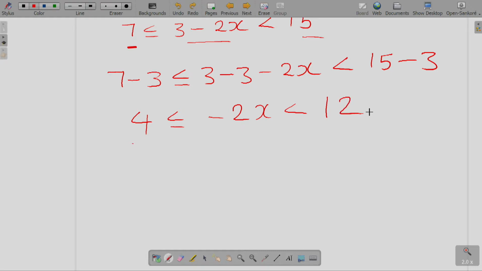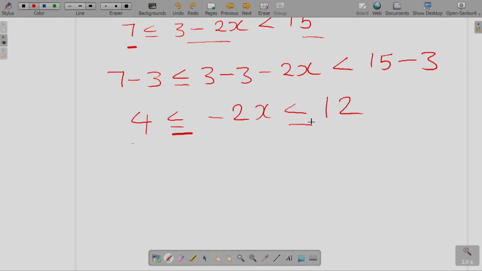The following step is to divide all parts by negative 2, and always if you divide by any negative number, the signs will change. If the sign is greater than or equal, it becomes less than or equal, and if the sign is less than or equal, it becomes greater than or equal.